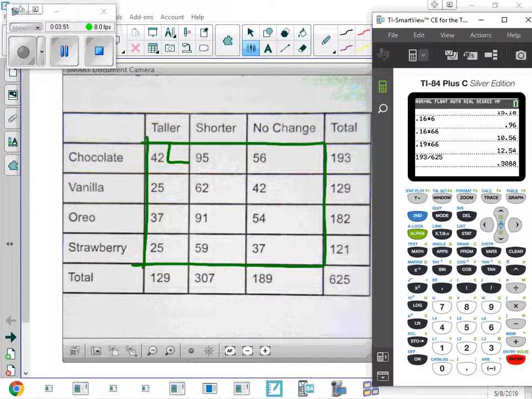So if 129 people preferred to be taller than they were, 30.9% of those people should have chosen chocolate. So I'm going to do 129 and multiply that by 0.3088, and I get 40.